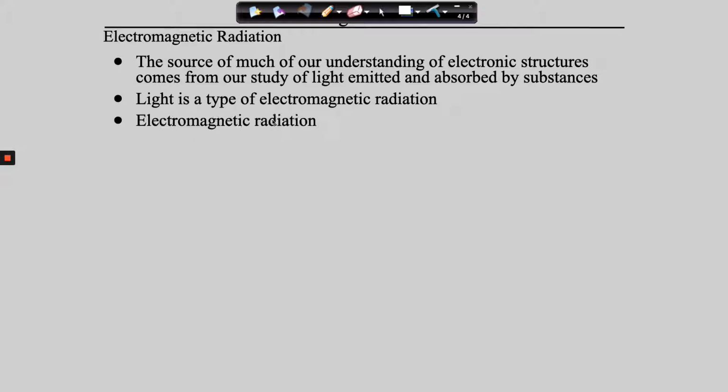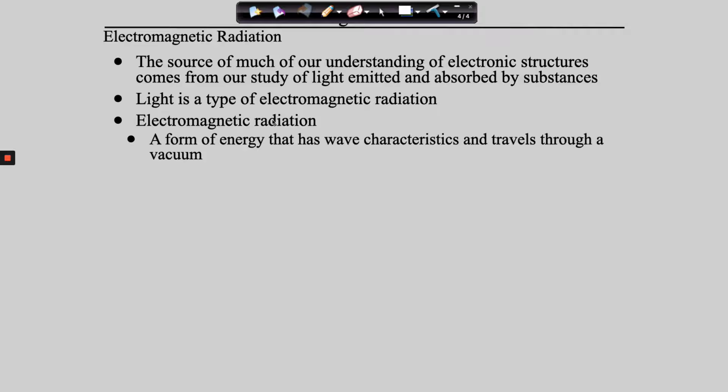The thing that you need to know is this. When we talk about electromagnetic radiation, you simply need to know that it's a form of energy that has wave-like characteristics and it can travel through a vacuum. You understand that a vacuum is just the absence of matter, right?